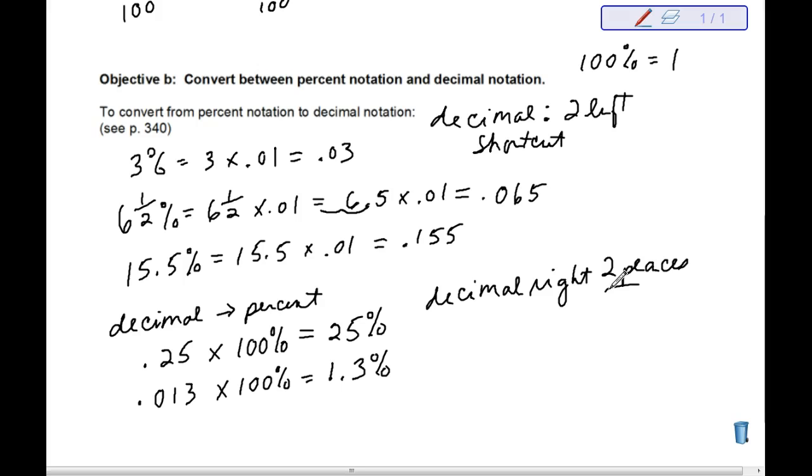So converting from decimals to percents back and forth, you're moving the decimal point. There's a little memory device that you can use. Looks like this. RIP LOP.